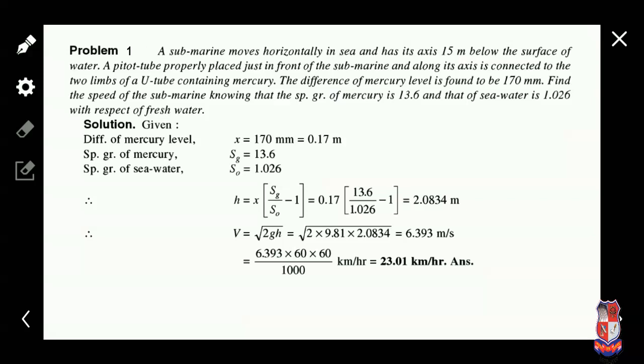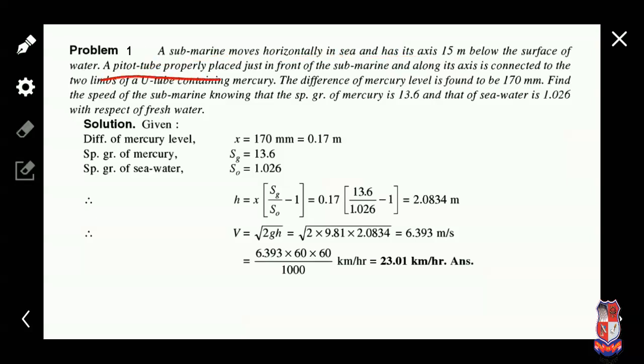Now we solve an example of the Pitot tube. So you have an idea how to solve an example for a Pitot tube. Let's start the first problem. A submarine moves horizontally in the sea and has its axis 50 meters below the surface of water.